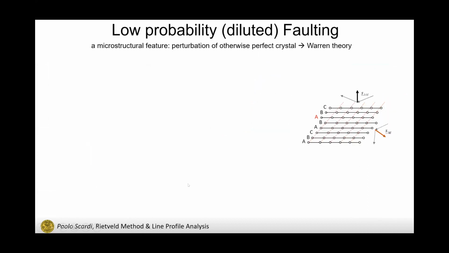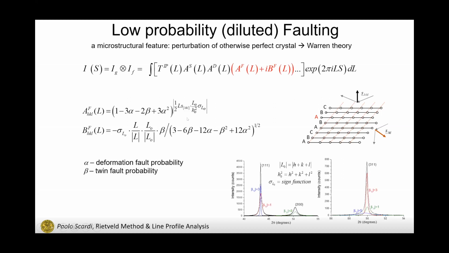So finally, faulting. As I already mentioned, it is possible to include a term in the convolution for faulting according to Warren's theory, which lends itself very well to the convolutive WPPM approach, but the validity of this approach, as we already said, is only acceptable within the limit of low probability of faulting.